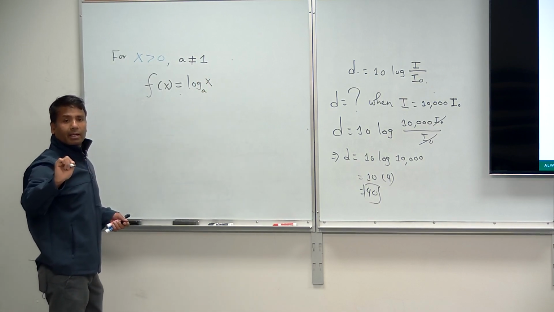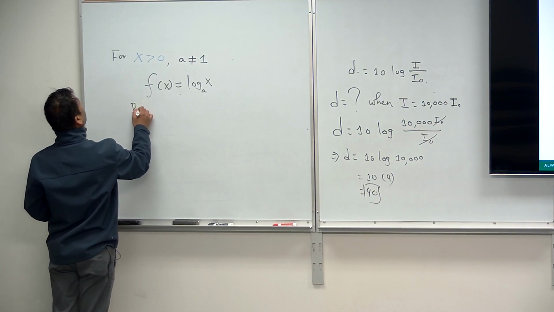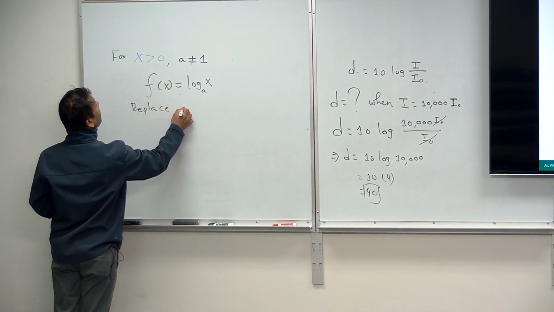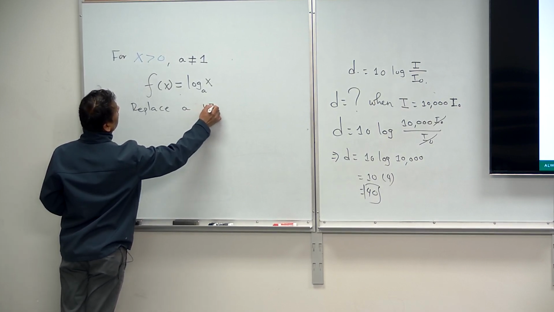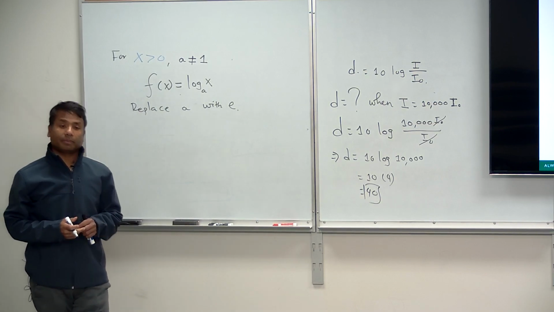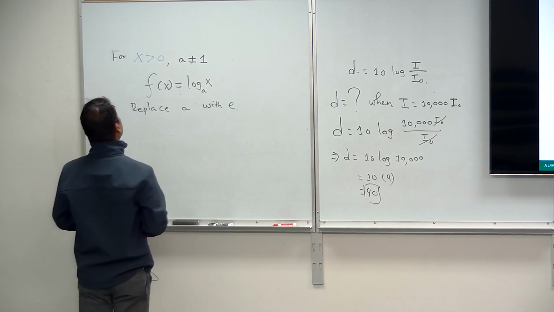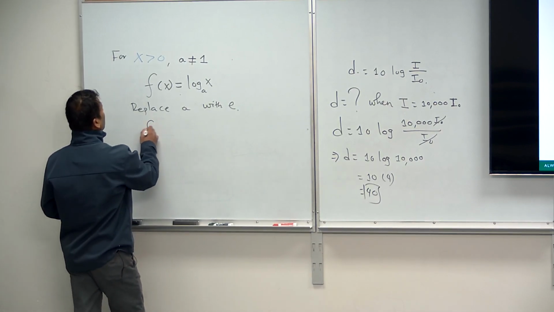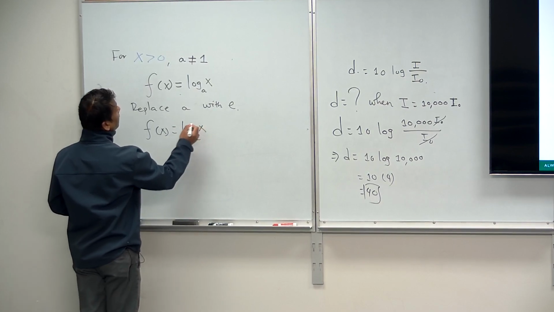You know that, right? If you replace this base a by e, the exponential number, replace a with e, then you will have f(x) equal to logarithm with base e of x.